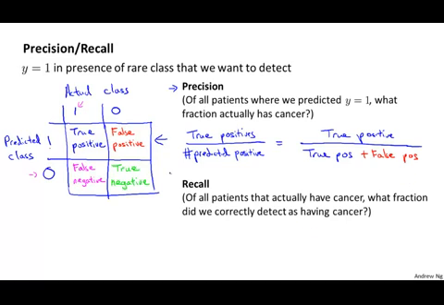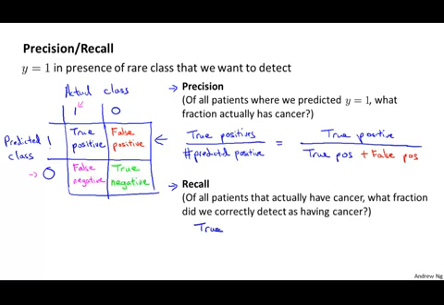The second number we're going to compute is called recall. What recall says is, of all the patients in the test set, or in the cross-validation set, that actually have cancer, what fraction of them did we correctly detect as having cancer? If all the patients have cancer, how many of them did we correctly tell that we think they need treatment?